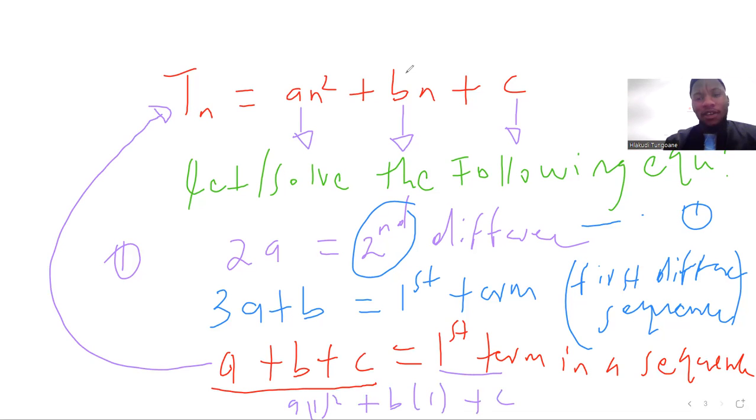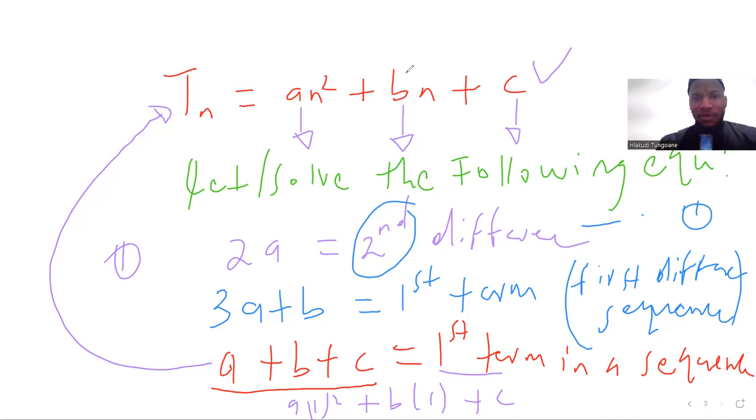So when I have a plus b plus c, it must equal T1, which is the first term. That's how we got to this third equation, right? So now let's look at the example of the sequence that we discussed previously, and let's try to solve these three equations and then determine our general term, right?